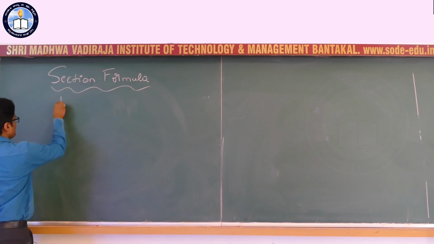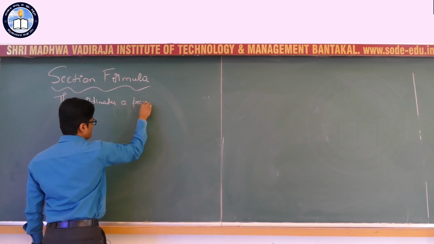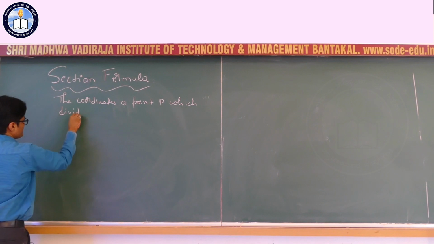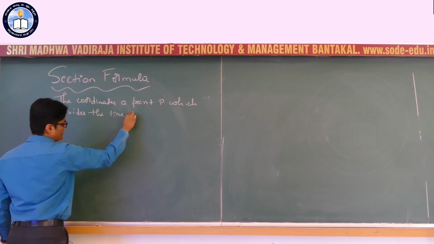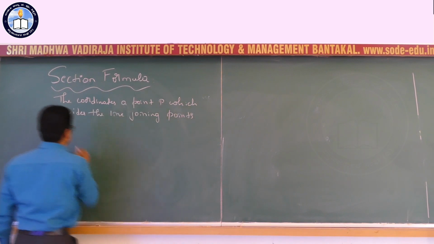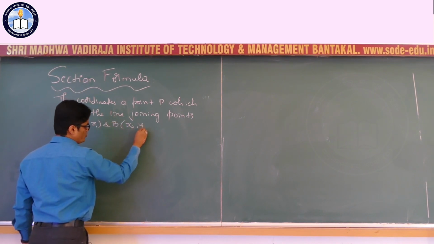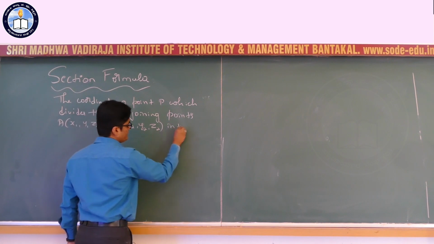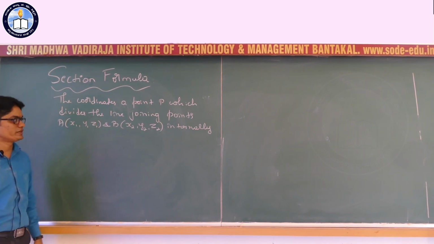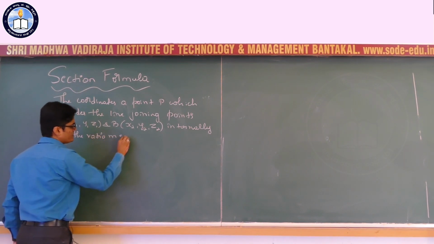Observe carefully. The statement is like this: the coordinates of a point P which divides the line joining the points A of x1, y1, z1 and B of x2, y2, z2 internally in the ratio m:n.